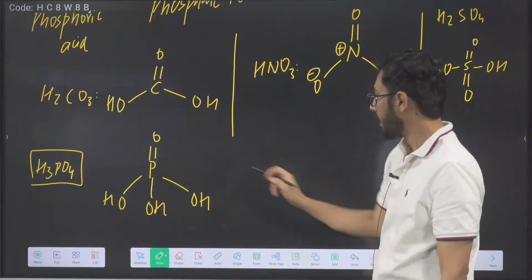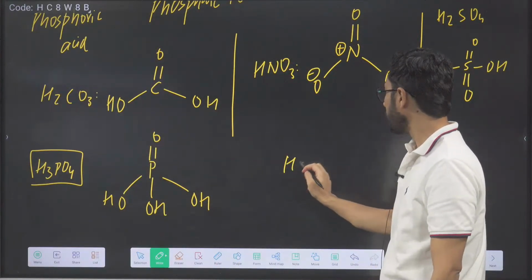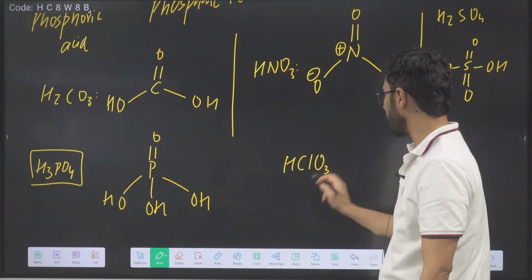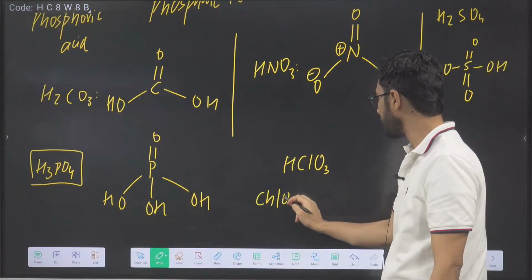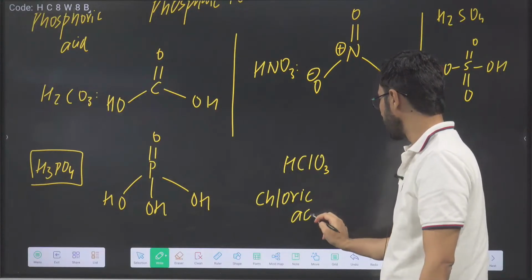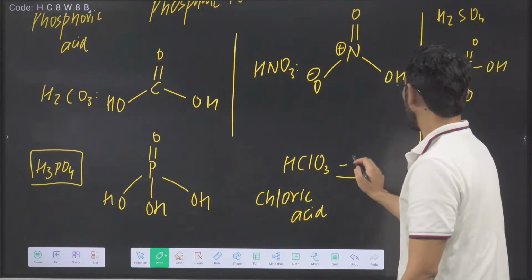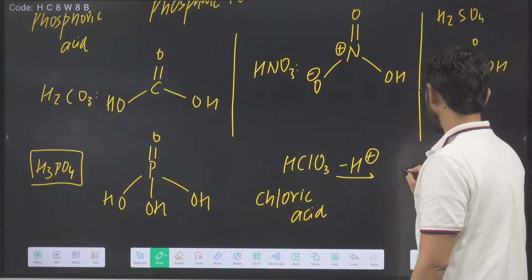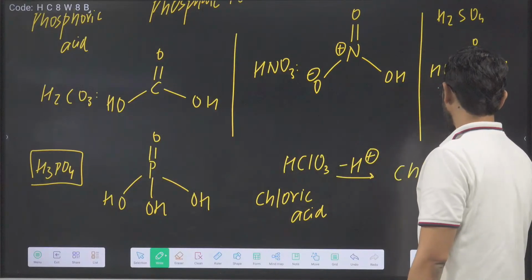Phosphorus written. The other one is HClO3, which is named chloric acid. Chloric acid minus H plus becomes chlorate ion.